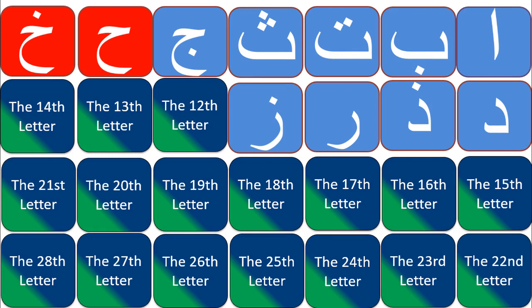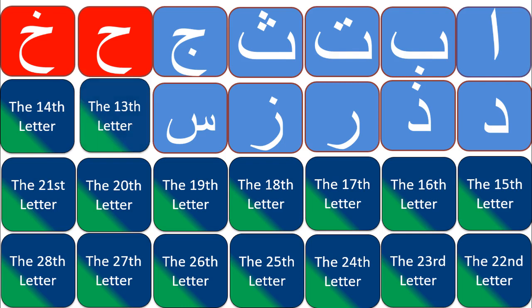The sound is Z, and the equivalent is the letter Z in English, just like in the word zebra. Now this letter is sin. The sound is S. The equivalent is the letter S in English, just like in the word sound.